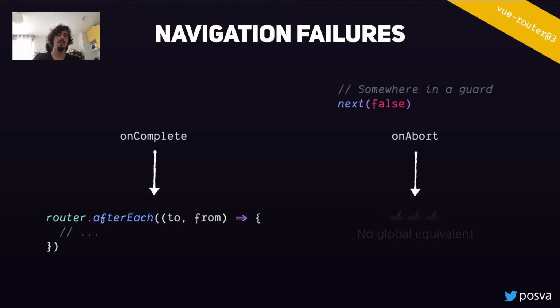On the other hand, onAbort, which is, for example, what happens when you cancel a navigation by calling next false, will have no global equivalent. So there is no way to detect when a navigation finishes, even if it failed or something. So for example, if you want to apply a loading bar or something somewhere, there is no way for you to globally hook into that process and hide the global loading state on the page.